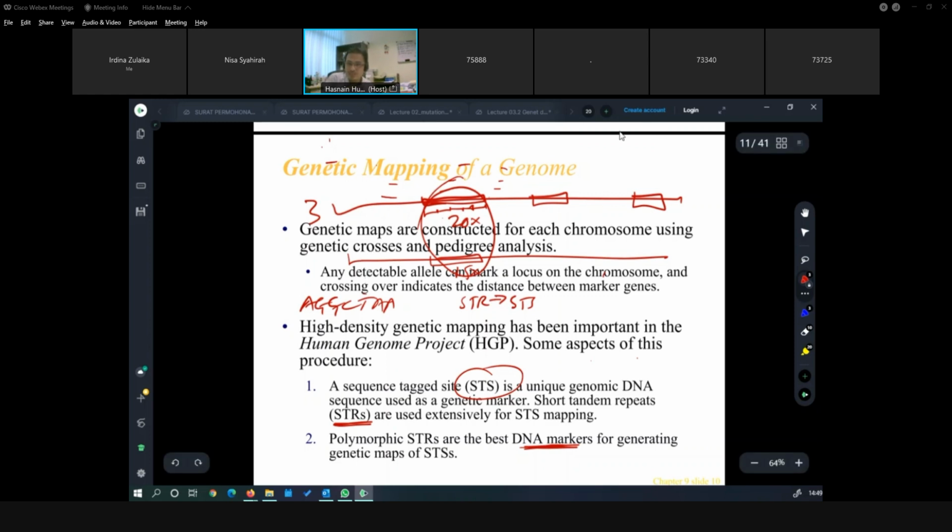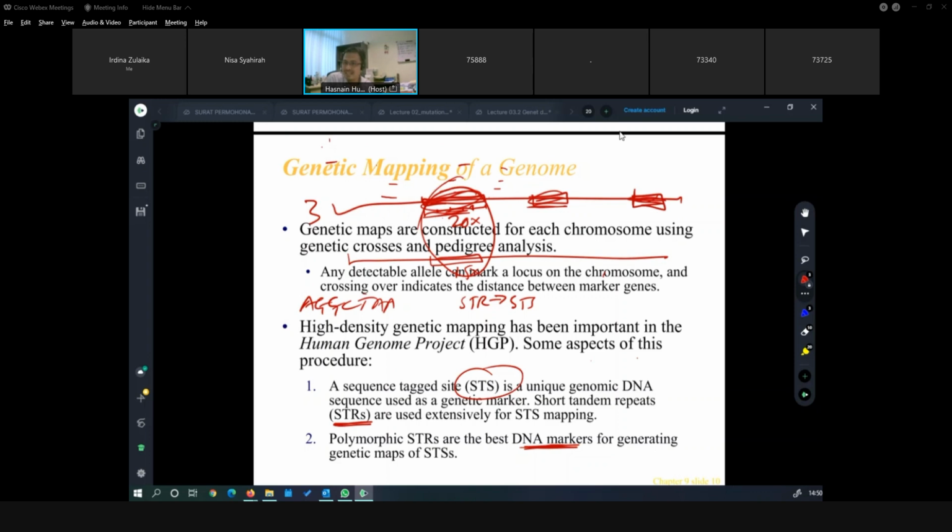For example, this one will be one of the markers, the marker, the marker. This one is a segment, this one is a segment, this one is a segment. So each segment has its own significantly different sequence inside it, so that you know if the sequence is like this, it belongs to here.